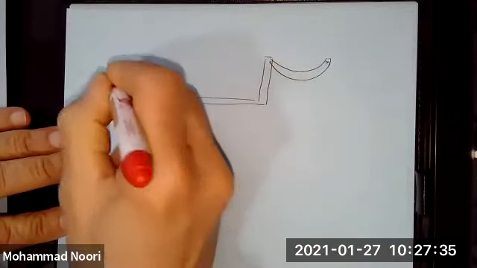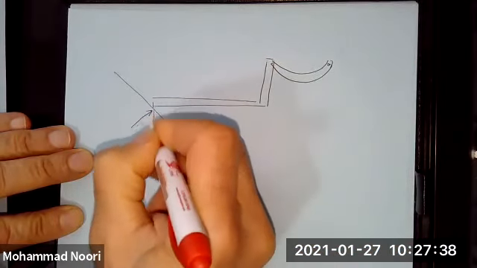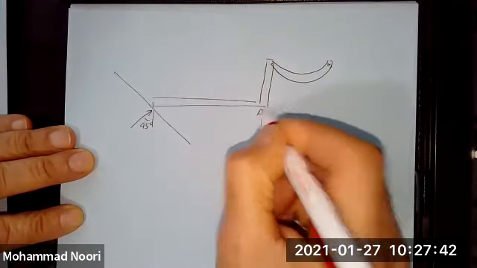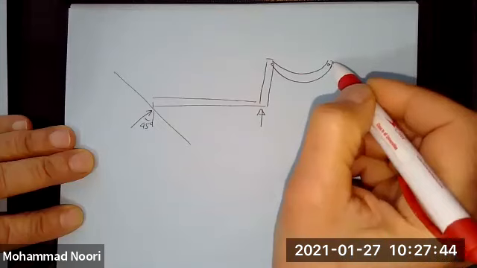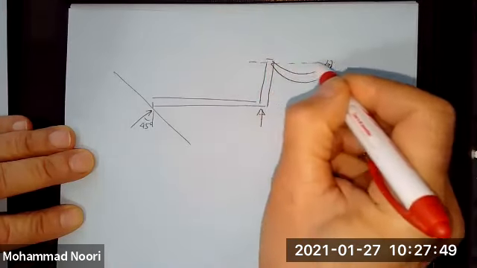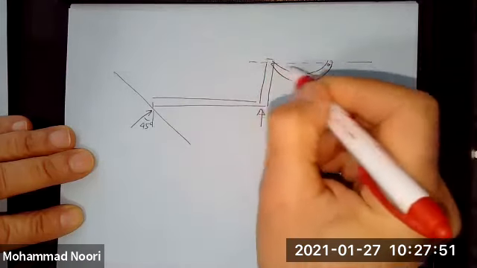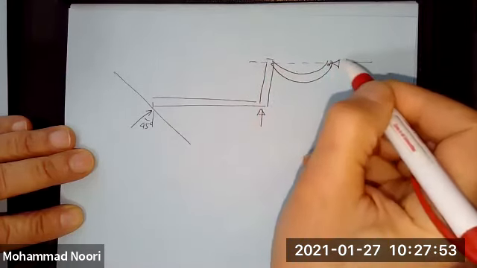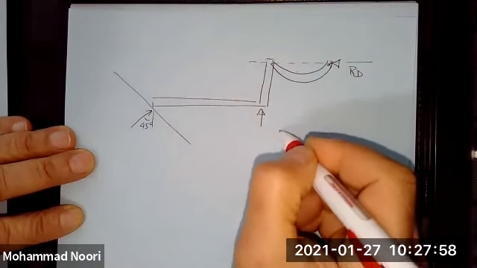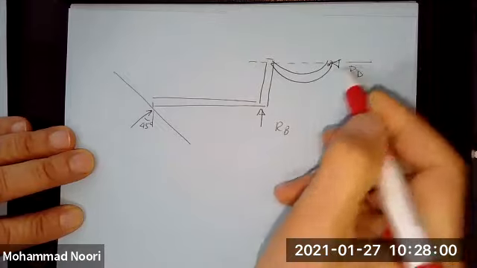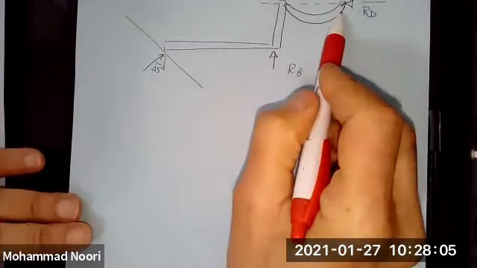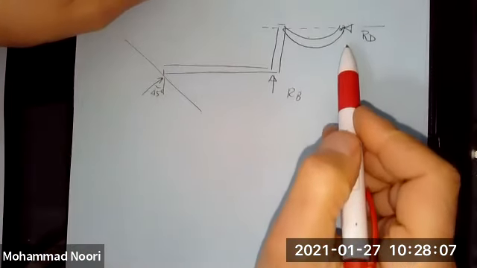Obviously, this one is at that 45 degrees. At this point, I have only one force, and that one force acts along a line connecting these two together. So at D, I have only one force. So now I have only three unknowns and not four unknowns. So this is the correct free body diagram of the structure.